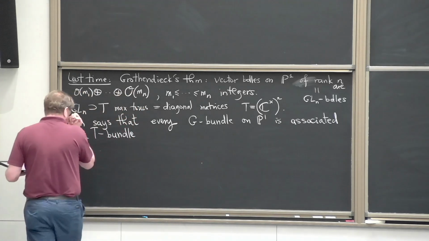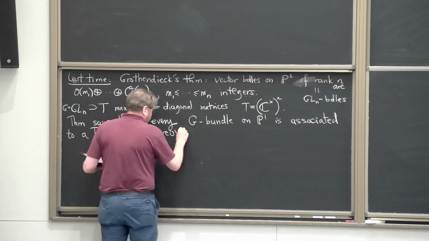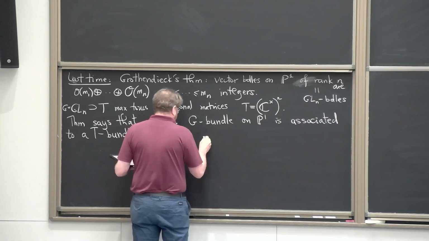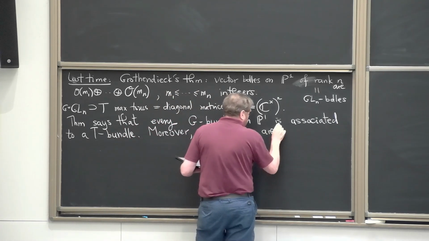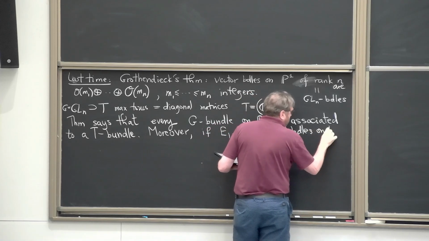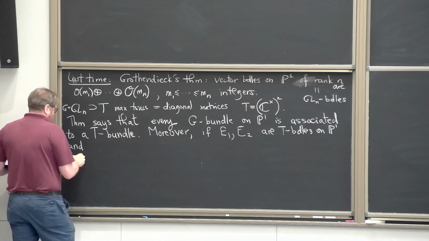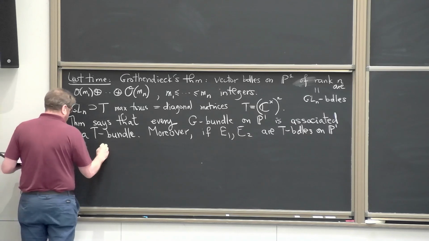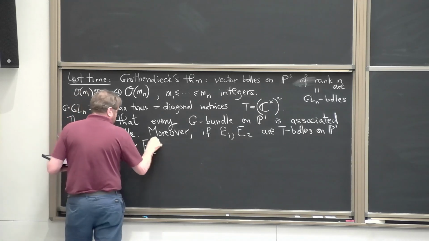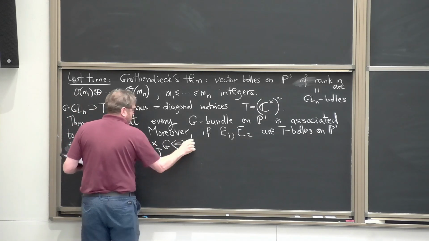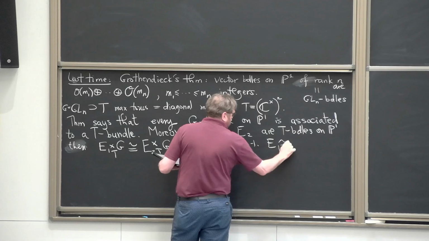And so this means that, moreover, if E1 and E2 are T bundles on P1, then the associated bundles E1 over T with G is isomorphic to E2 over T with G if and only if there exists a permutation sigma in the symmetric group such that E1 is isomorphic to sigma of E2.